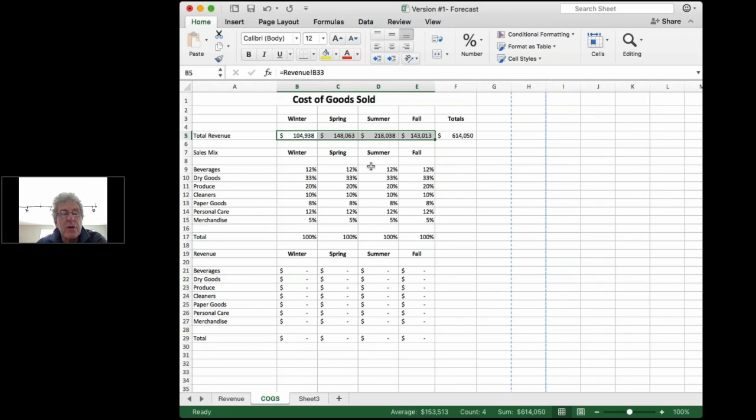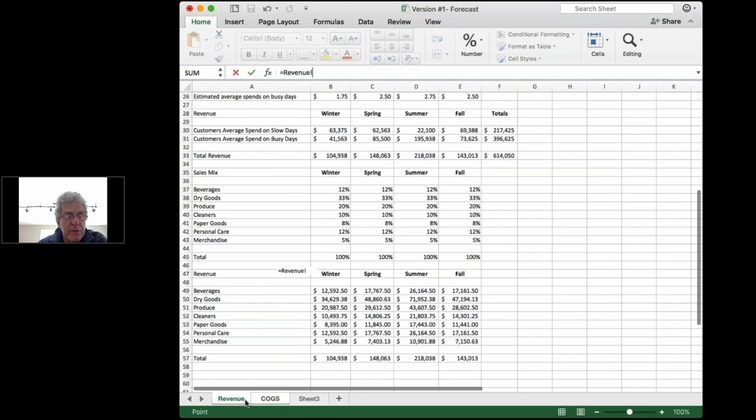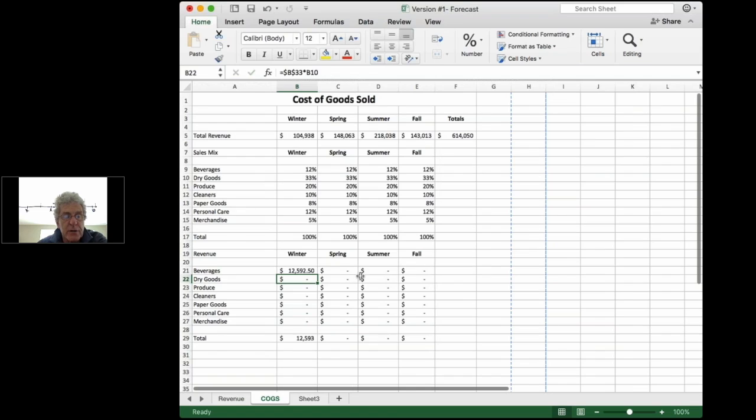We have our sales mix by percentage. We know that 12% of our sales are going to be beverages and 33% are going to be dry goods. Now we want those dollar numbers to move across as well. So that is equal to, back to my revenue sheet, I click on that number there, push enter. I've now got my beverage revenue.